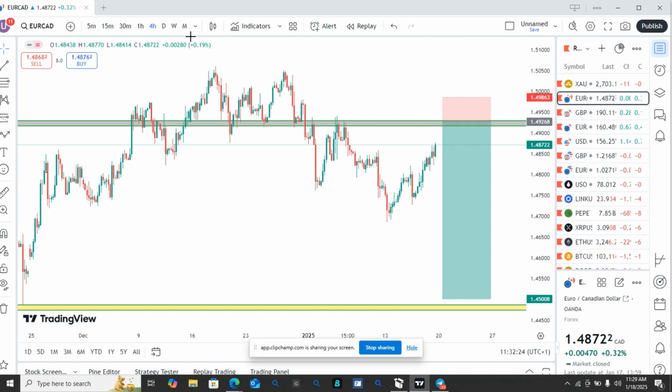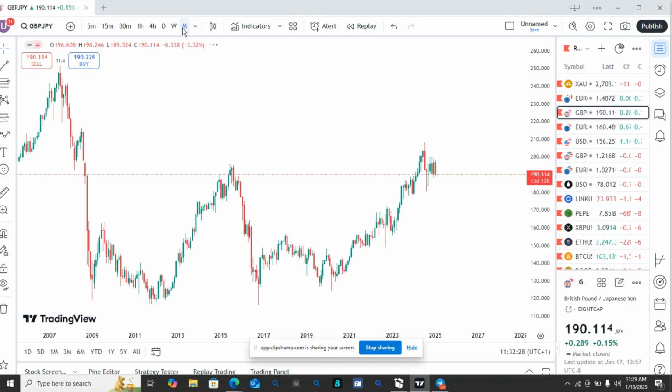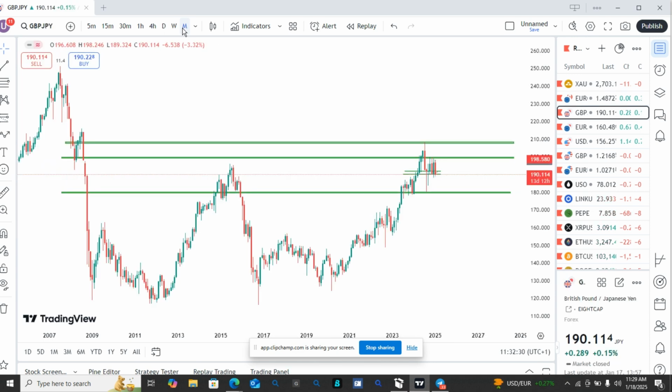So next pair on the list is GBP. So this is GBP on a monthly time frame. On a monthly time frame, price was moving up, creating higher highs and higher lows. You can see it created this higher high, higher low. Created another higher high here, another higher low.